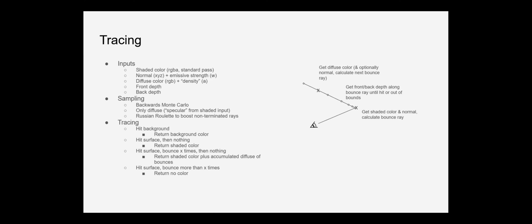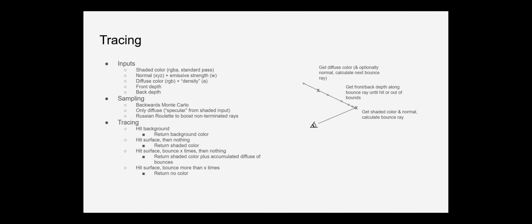And then we do the standard Russian roulette to boost the non-terminated rays. And then for the tracing, if you look on the right, for each pixel, we cast a ray, and that will either hit a background or hit the surface. If it hits nothing, then we just return the shaded color, so the SSGI doesn't really do anything in that case.